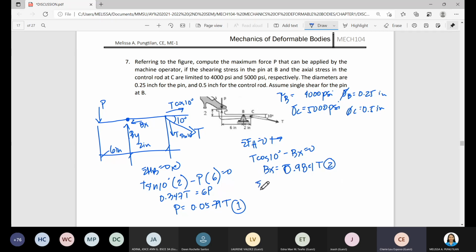And then, taking the summation of forces vertical is equal to 0, upward positive. So, meron tayong dy minus T sine 10 minus T is equal to 0. So, ating dy minus yung ating T, okay, T sine 10, yung ating T is 0.0579 T equal to 0.